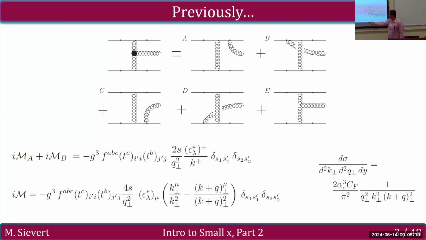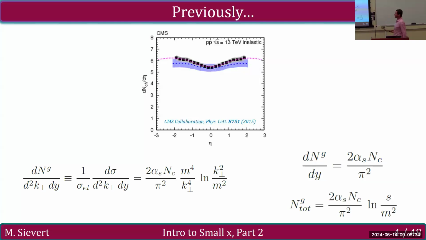And if I take this and square it and compute the cross-section, then this triple differential cross-section was what I get. Again, completely independent of the center of mass energy S, also independent of the rapidity y of the produced gluon. And then when we use this as a way of defining a gluon multiplicity, the cross-section normalized by the tree-level elastic scattering, then we again get a gluon number distribution in the final state, which is boost invariant.